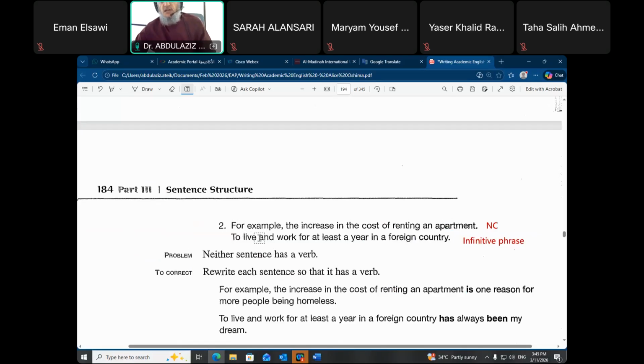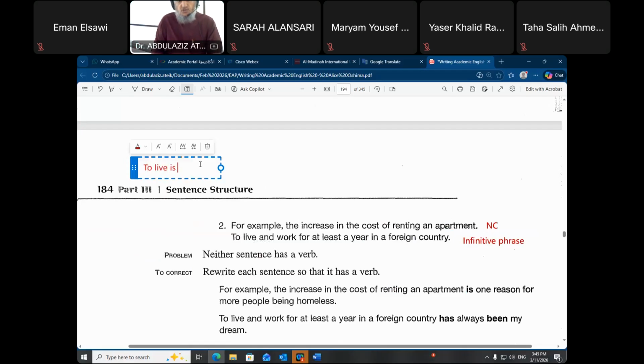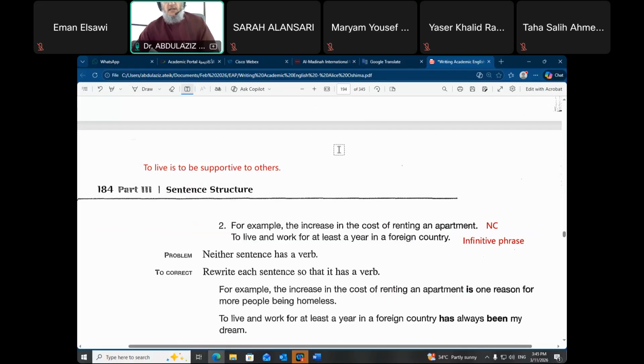To live is to be supportive to others. So this to live is the subject. So the infinitive functions like a noun on some occasions.